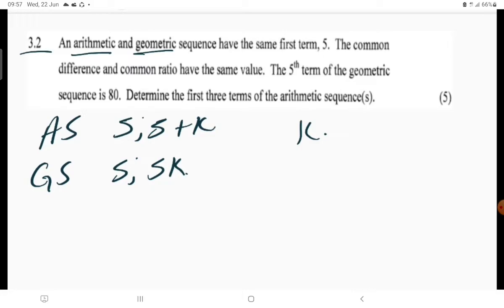So we can have these. We can continue writing more terms using this idea, but nonetheless we have all this.